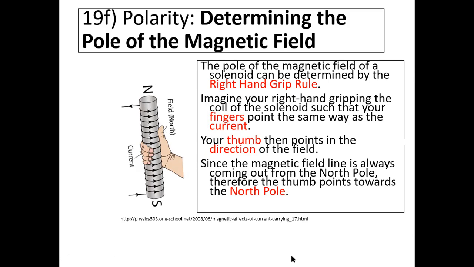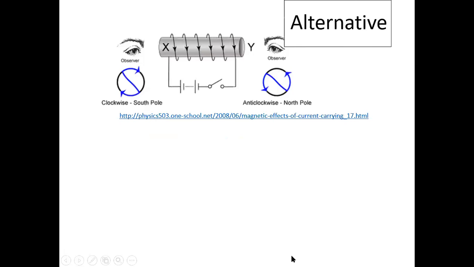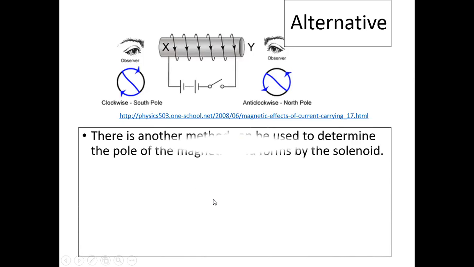This one is easier. Or if you prefer this way, you look at the end there. You look at the current in the solenoid, and the field is north and south. So if it's anti-clockwise, it's north. If you look at the end there and it's clockwise, it's south. This one is up to you, whichever is easier to use.